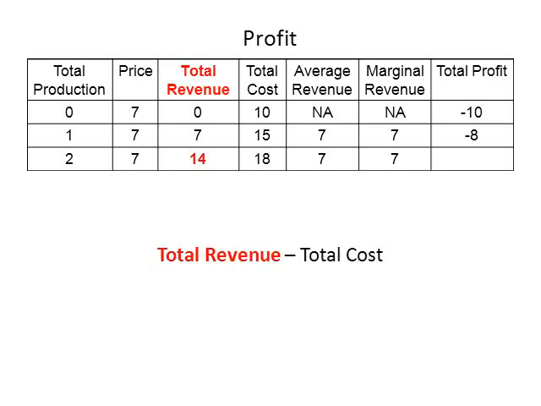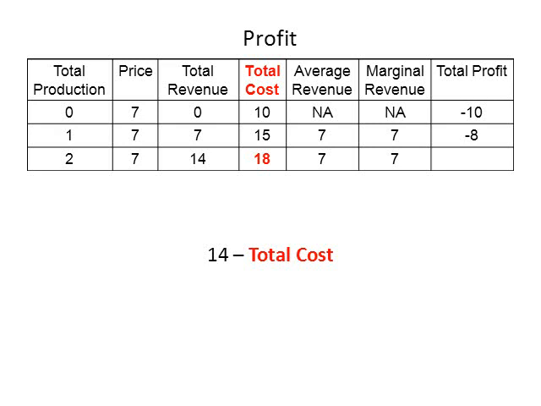Next, locate the total revenue in the table and in the formula. Notice that the total revenue for 2 units of production is 14. Next, substitute 14 into the formula for total revenue. Next, locate the total cost in the table and in the formula.